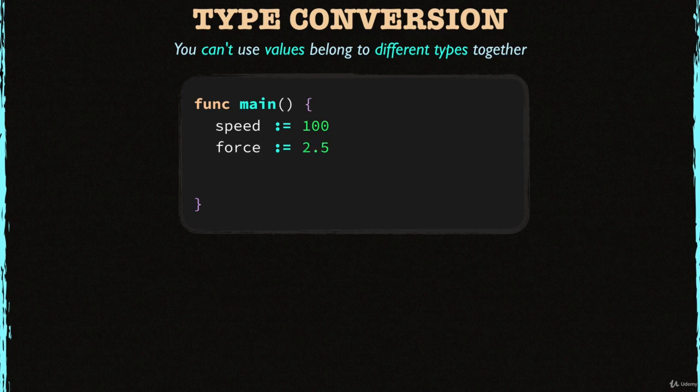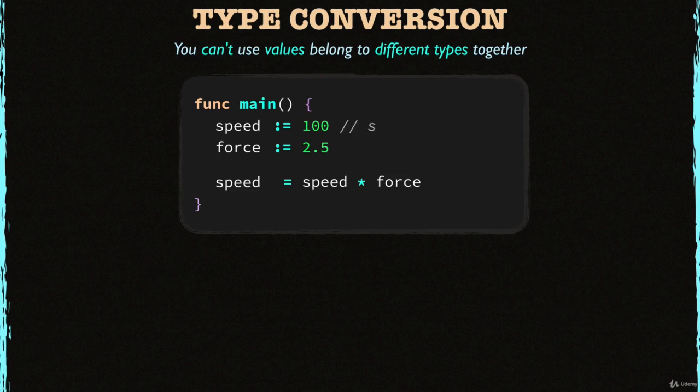Okay, first, I'm going to show you what you can't do. I'm going to assign a new value to the speed variable now. I'm going to type speed, and I'm going to multiply it with the force variable. So in the end, the result of this expression will be assigned to the speed variable. As you now know, these variables have different types.